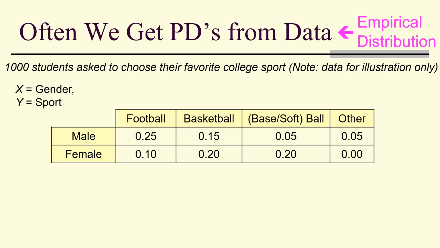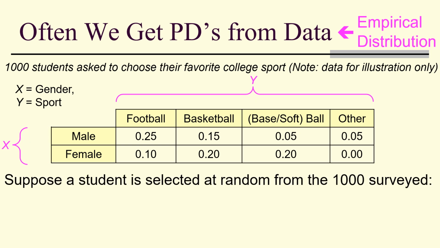It's a joint distribution. So our X is for gender, male or female. Little x equals 0 for male, little x equals 1 for female. And our Y is for sport. So little y goes from 0, 1, 2, up to 3. Suppose a student is selected at random from the 1,000 surveyed.